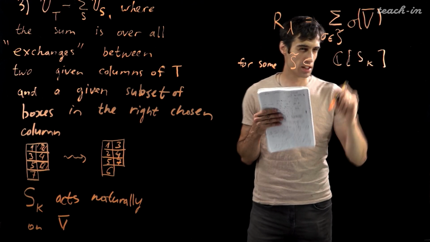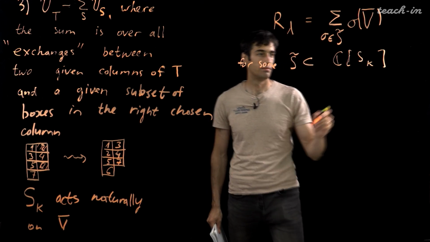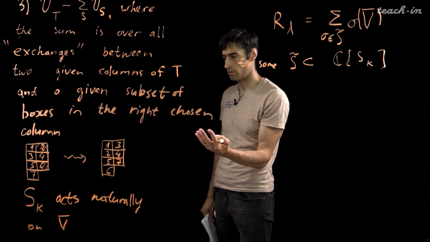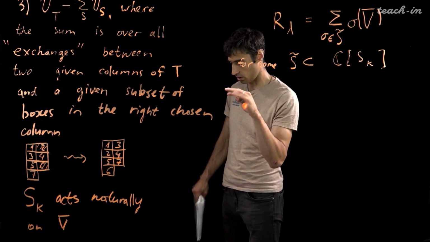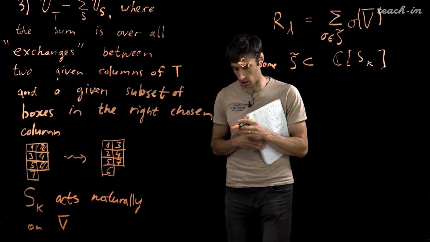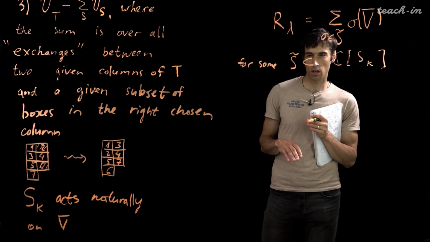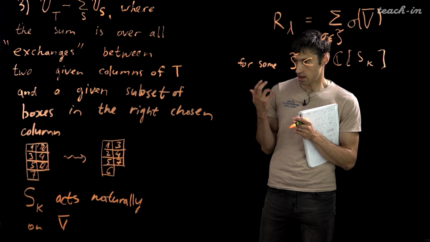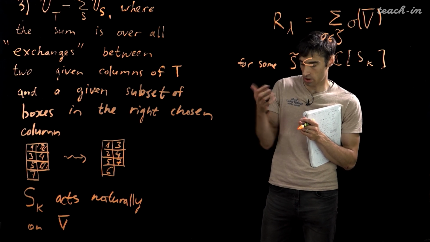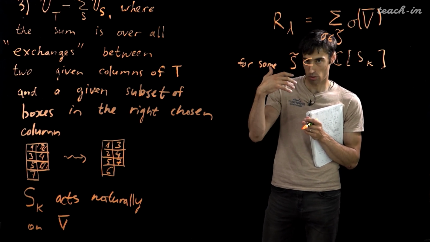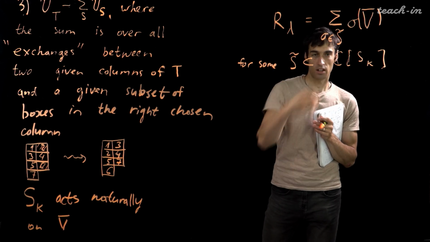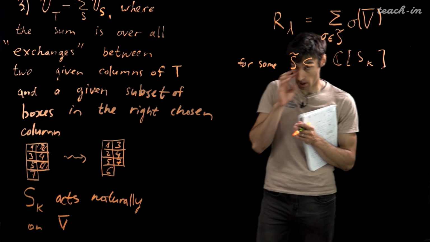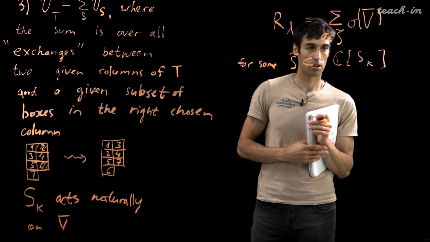So what is this thing? Sk is a group, right? So you permute and you can compose permutations. But you can now, instead of a group, consider linear combinations, so instead of a group, you can consider an algebra, where multiplication is given by the group operation.